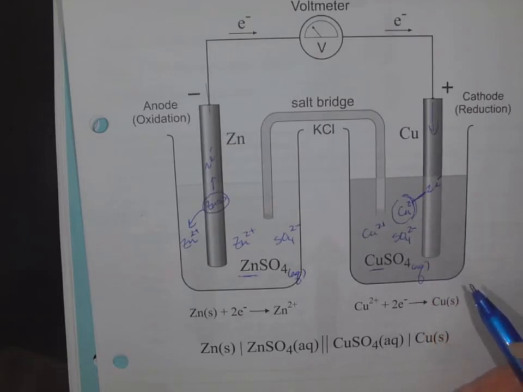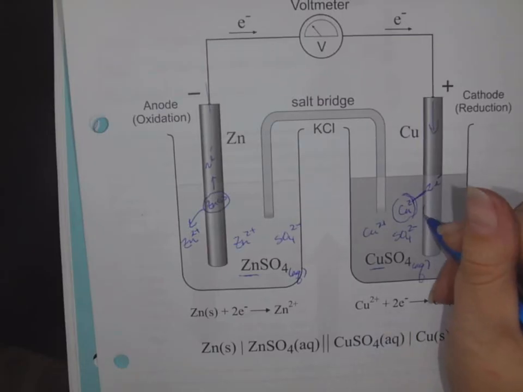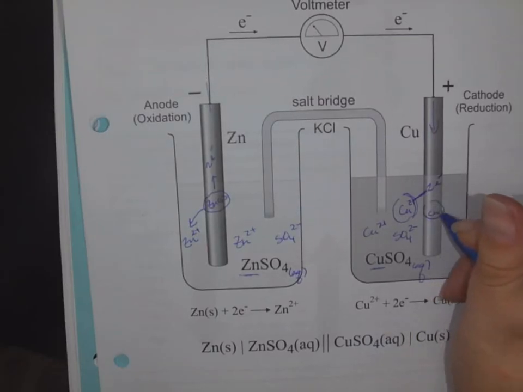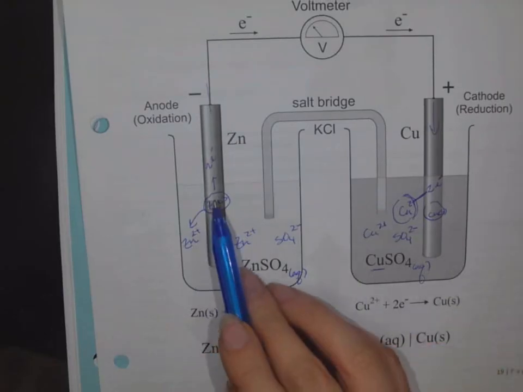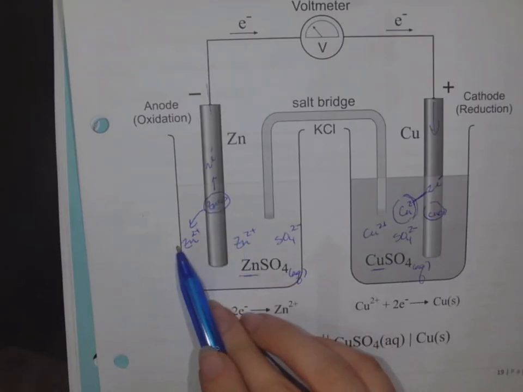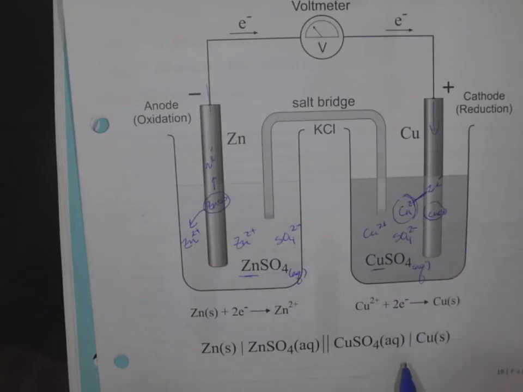The copper 2 plus will combine with the 2 electrons, and now all of a sudden you have a brand new solid copper atom attached to the cathode. So zinc metal is leaving the anode, and copper metal is attaching to the cathode.